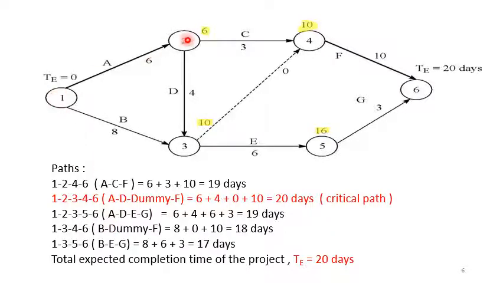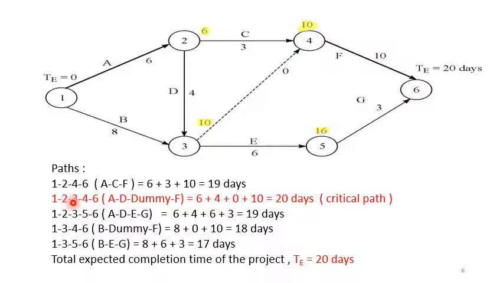First is A, C, F. Second is A, D, dummy, F. Third one is A, D, E, G. Then B, dummy, F, and B, E, G. When you add all the individual activity times, the maximum comes to this path.